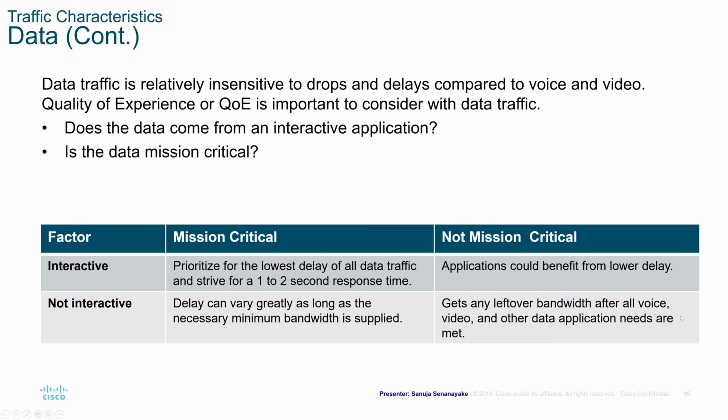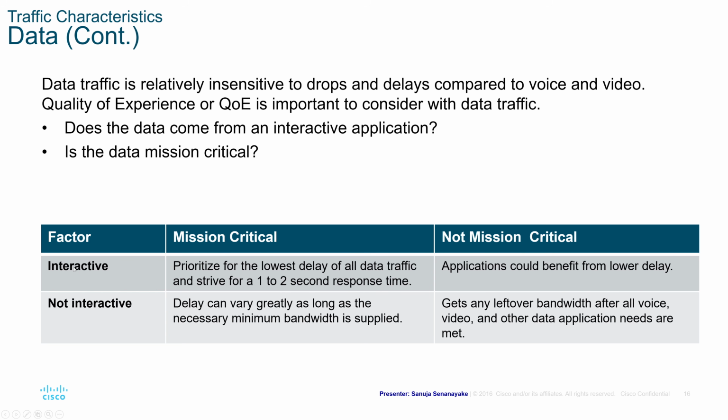On the bottom of the screen, it's showing those factors: interactive or not interactive, and mission critical or not mission critical. This is like a table that describes how you can combine those two questions together to decide what to do, right?